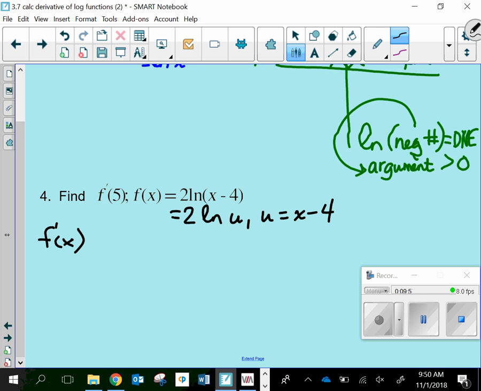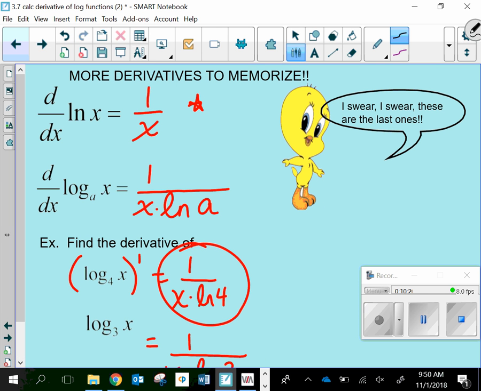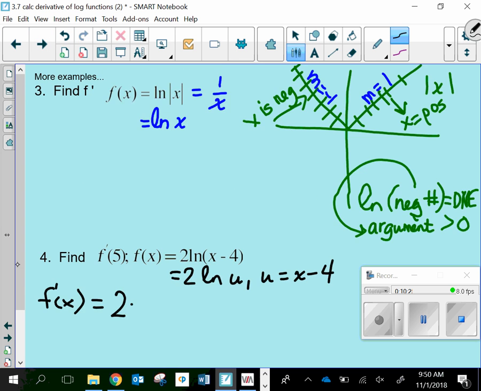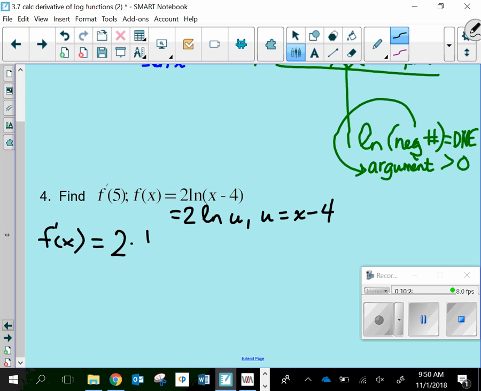The 2 is a constant multiple. Please don't make that product rule and confuse yourself. You've got too much going on. The constant multiple rule says I'm going to hang on to that 2, and then I'm going to take the derivative of ln u. What did we just learn that the derivative of ln u was? We don't have x, we have u, so it's 1 over u.